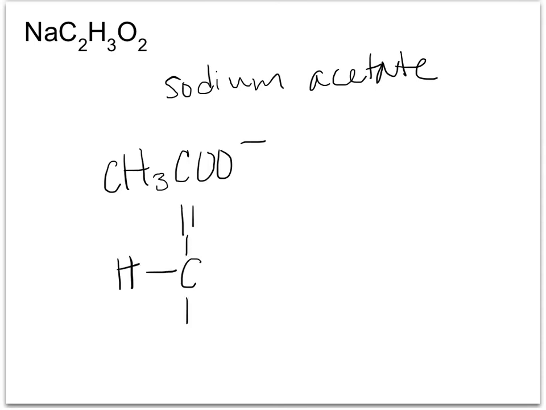So you have your carbon, you have the 3 hydrogens attached to it, there's another carbon, there's a double bond to an oxygen, and a single bond onto this one. So this, believe it or not, has specific meaning. If you are an organic chemist, I don't want you guys to get all upset about this right now, but if you see this, it is acetate. This is probably the most common form of acetate. All right, so sodium acetate, or I guess you could also call it nacho. No, don't call it nacho, sodium acetate.